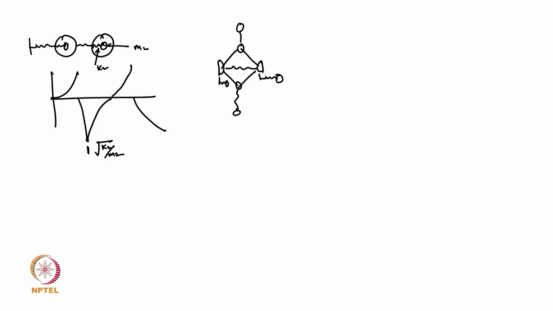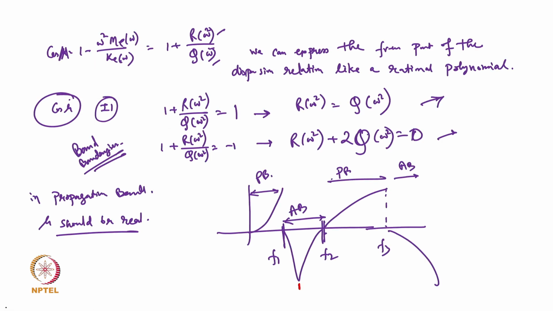So what exactly is the cause of that peak, where the peaks are, and where the band boundaries should be becomes a very important question, and we can solve that by expressing the dispersion equation in the form of a rational polynomial.